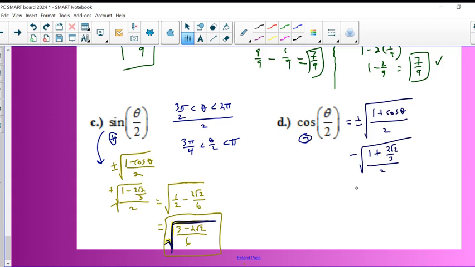And so then, again, very similar, negative the square root of 1/2 plus 2 root 2 over 6. Now, you could have left it as 2 root 2 over 6, like we did in the previous example, or you could have simplified that to root 2 over 3, since I know that reduces. But I do like to put those in a common denominator. So I'll say it's 3/6 plus 2 root 2 over 6, I guess.